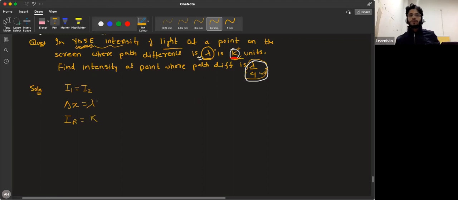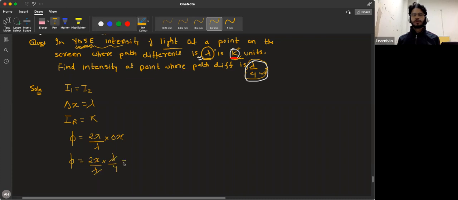Okay. Now, if you have path difference, you can calculate phase difference. Phase difference is 2 pi by lambda multiplied by path difference. So you can write the phase difference as delta phi, or phi. So your phase difference is 2 pi by lambda into path difference, which is lambda by 4.